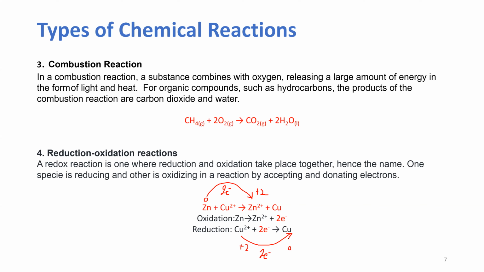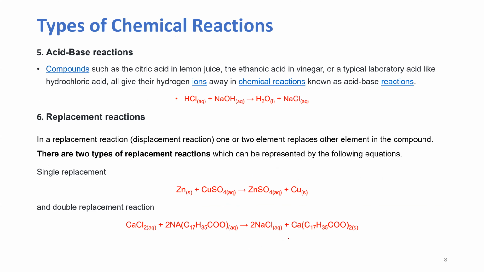These kinds of definitions could also be part of your examination, and you should know what the reduction reaction is, what the oxidation reaction is, and how this differs from the combustion reaction or the synthesis reaction.